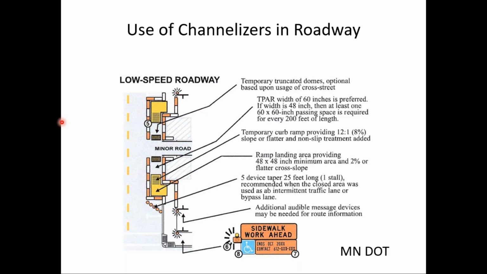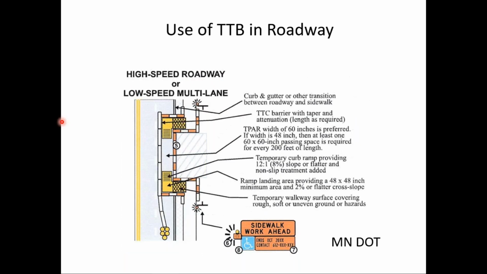But now again, referring to the Minnesota DOT drawings, notice now this is for a high speed roadway or low speed multi-lane situation. And notice now, same sort of work area, although we don't have that alley shown here, but notice the pedestrians are detoured into the street. And notice on the building side, we have the pedestrian channelizer, but on the street side, we have the temporary traffic barriers, the concrete barriers, because now we have high speed or high volume traffic here.